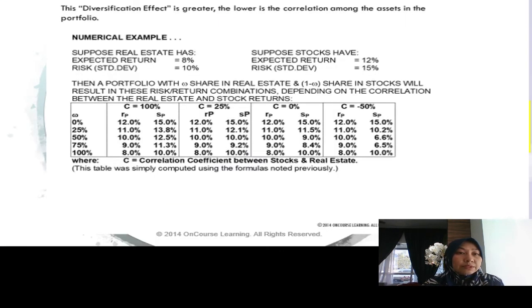So this diversification effect is greater the lower the correlations among the assets in the portfolio. If there is no correlation, meaning two different assets such as sukuk, bond, real estate, the correlation is low, so the diversification effect is high.